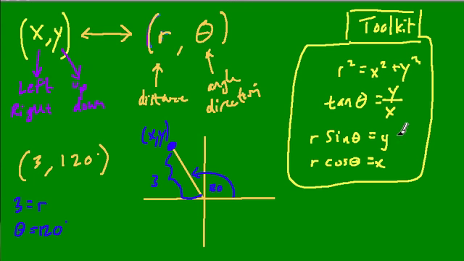Well, here is how I'm going to figure out my y and x values. So these two aren't that helpful, but these two right here are very helpful because we have y is equal to r sine of theta, so 3, that's r, times the sine of 120, and x is equal to 3 times the cosine of 120.